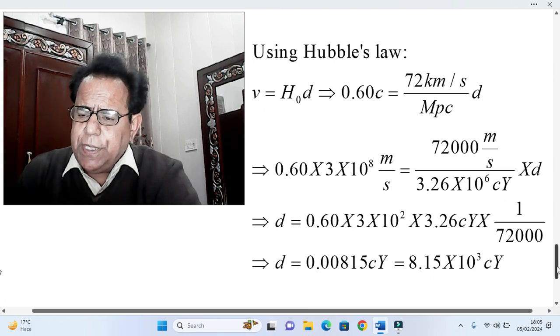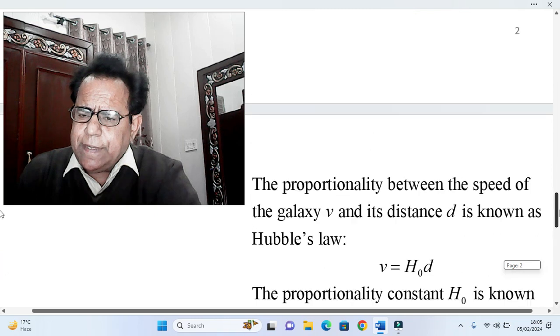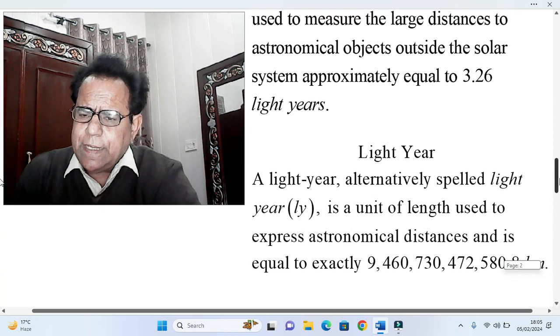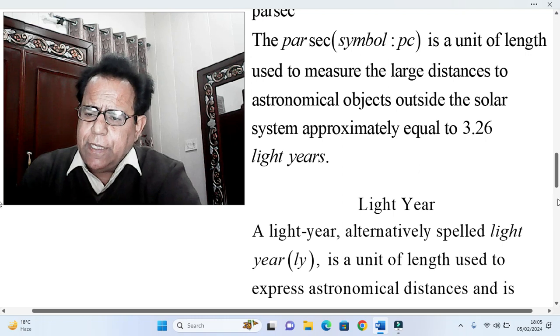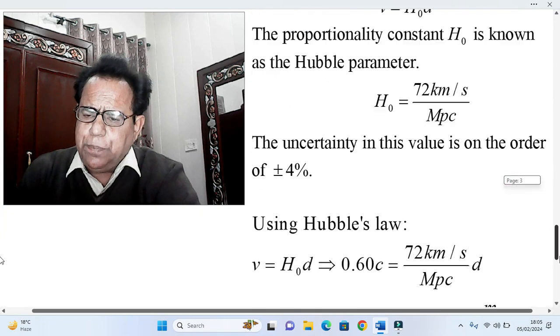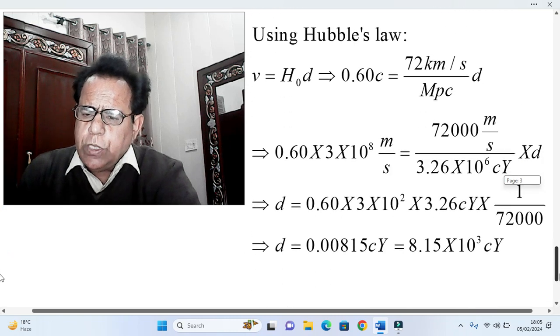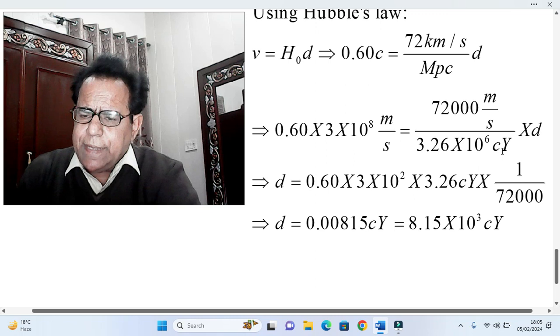As per definition of parsec, 1 parsec is equal to 3.26 light years. If we divide it by this, it becomes parsec.